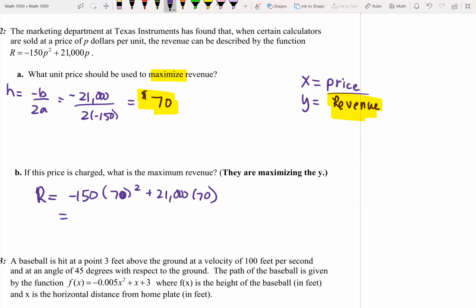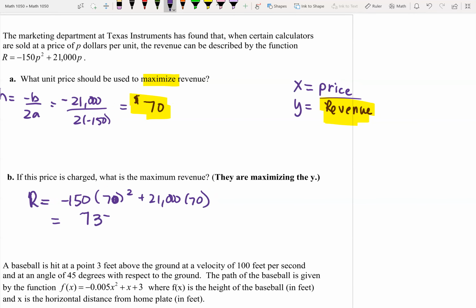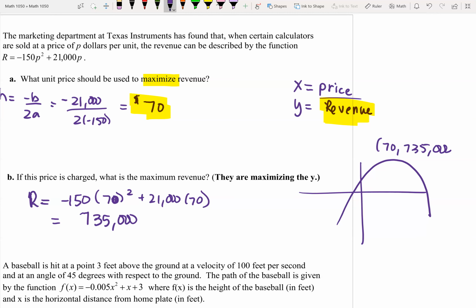Okay, grab your calculator and go negative 150 parenthesis, 70, close it off, x squared, plus 21,000 times 70, close it off, hit enter, and you get 735,000. So here's what we're saying, guys, look. You've got this parabola that opens down. The x coordinate of the maximum is 70. The y coordinate is 735,000.